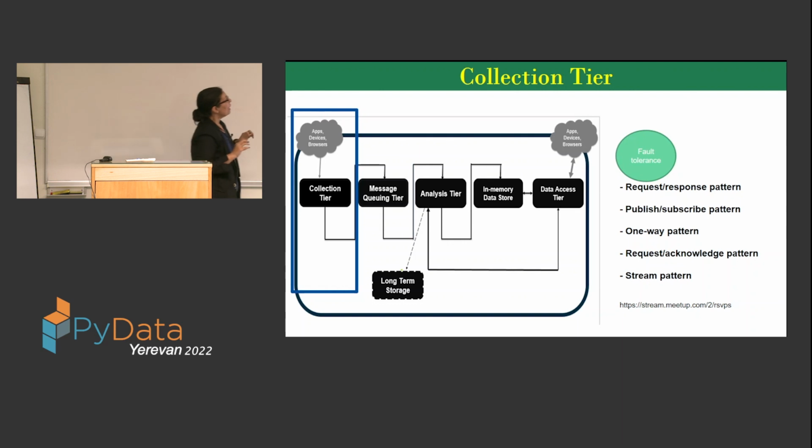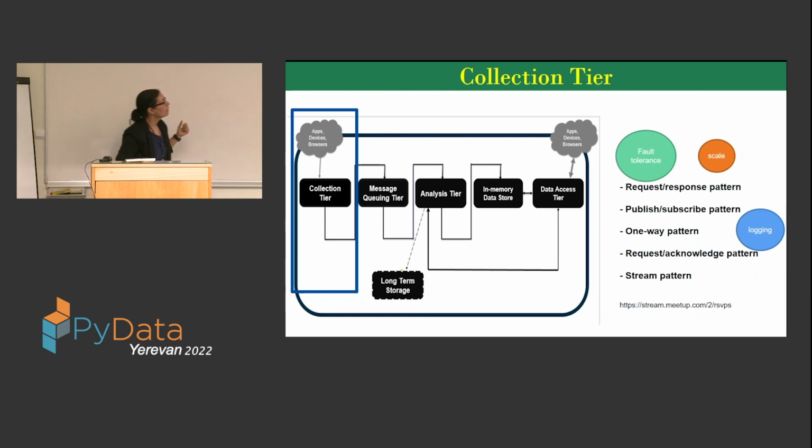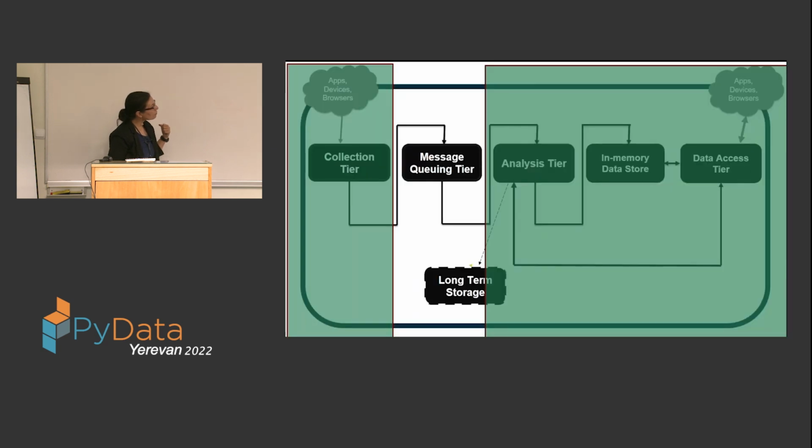While you are designing your collection tier, you have to take care of 3 points: scalability, fault tolerance, and also logging. I won't talk about them, but if you have questions, we will come back to them for more detail.